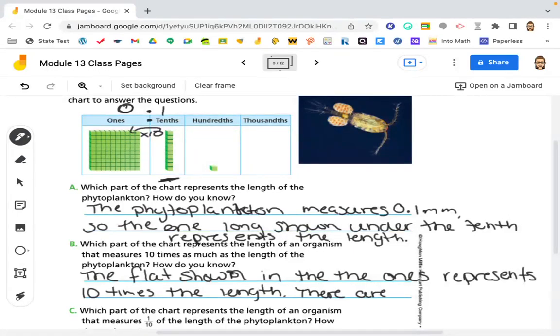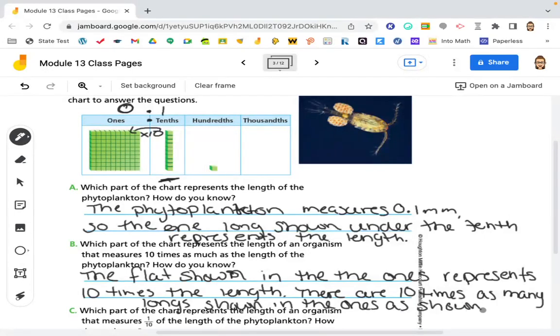There are 10 times as many longs shown in the ones as shown in the tenths.